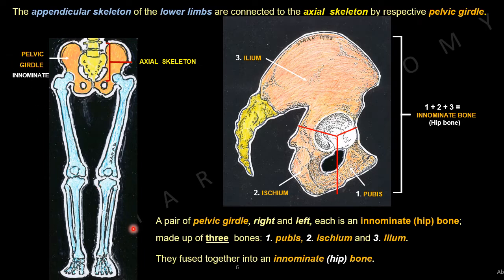Each innominate bone is made up of three bones. Number one, pubis, which is below and in front. Number two, ischium, which is below and behind. Number three, ilium, above. They fuse together into an innominate bone, also called hip bone. So each innominate bone is the pelvic girdle of each side.